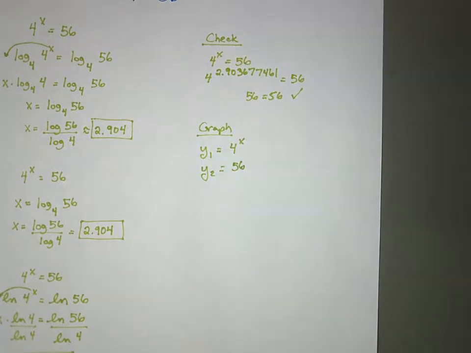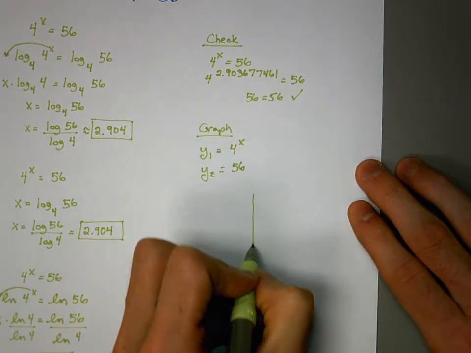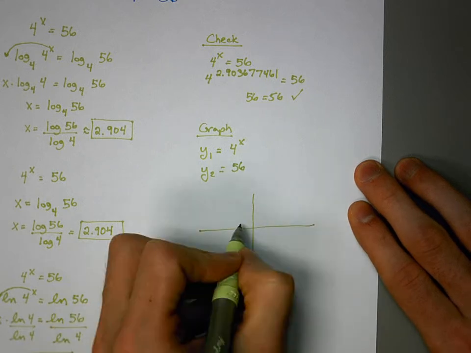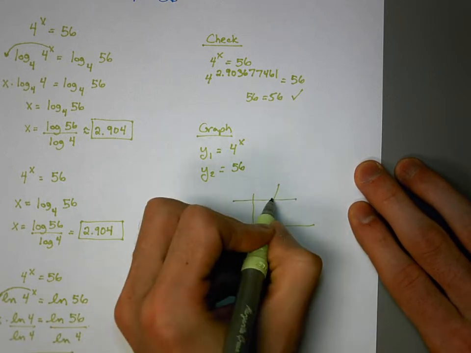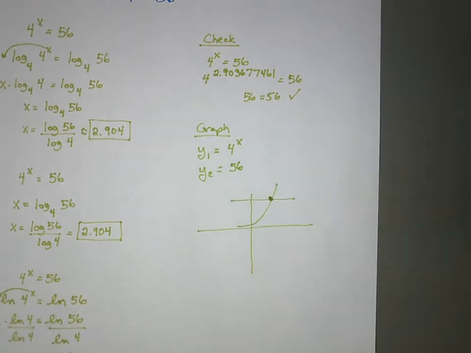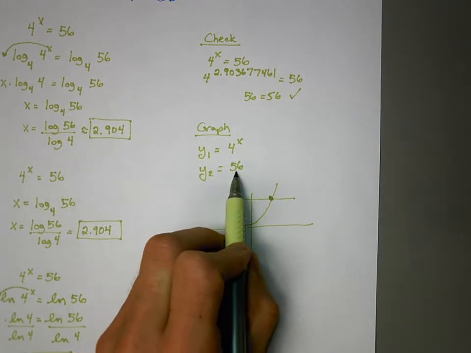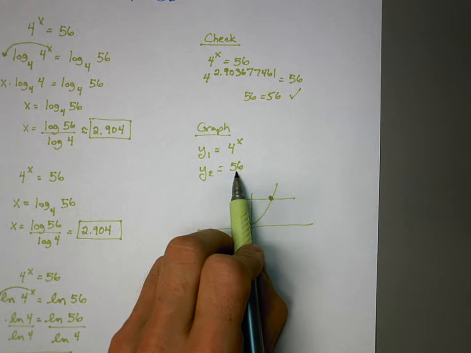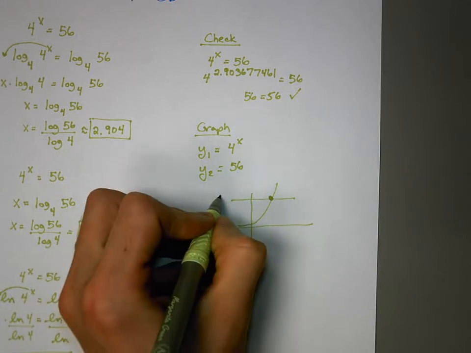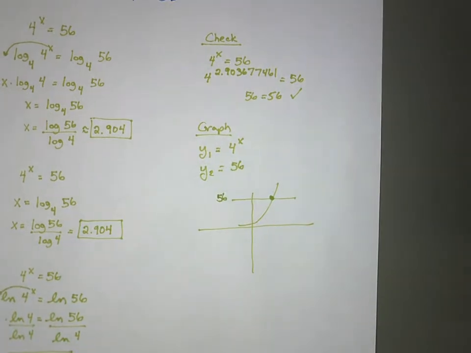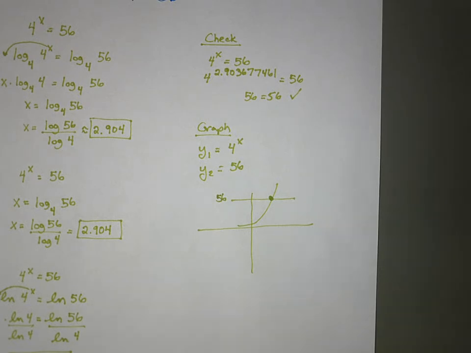And the goal that I want to have is the intersection of these two graphs. So I'm going to have something that looks like this, and I want to find that intersection point. Now I know since y2 is a constant function at 56, that this value up here has to be 56. So I've got to change my window so that I can see 56.